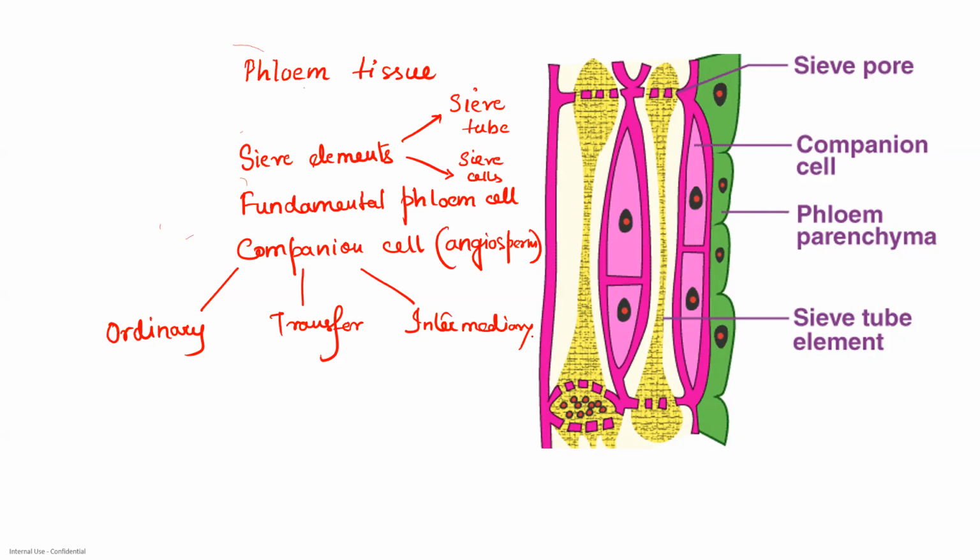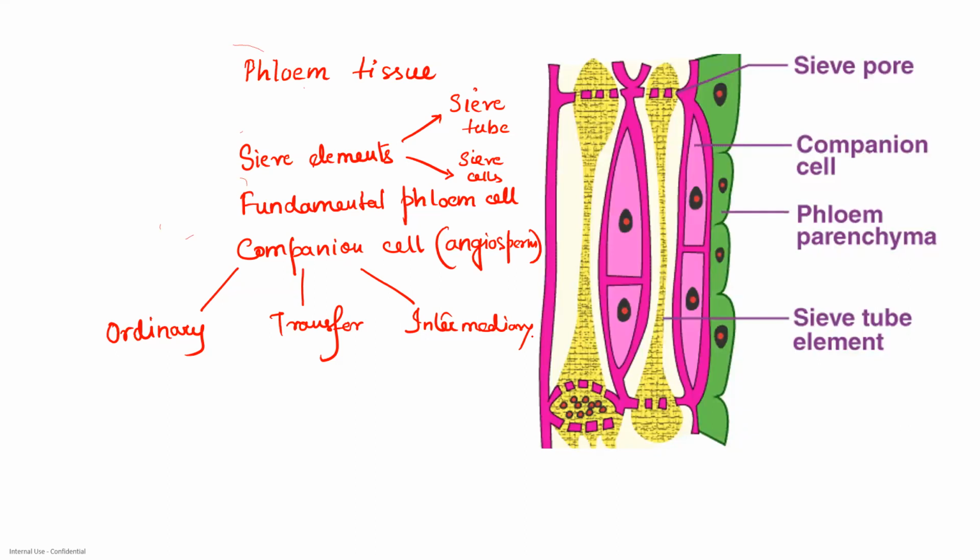That is why they are known as transfer cells. That means they allow a greater area for transfer. And last is the intermediary cell. These intermediary cells have smooth walls and numerous plasmodesmata connections that connect these cells to each other.